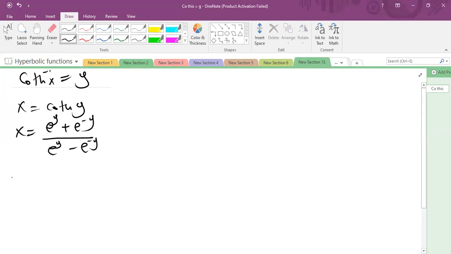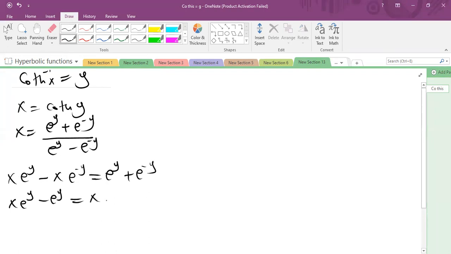Cross multiply and simplify. We have x e^y minus x e^(-y) is equal to e^y plus e^(-y). Okay, so I can bring like terms on the same side. So I have x e^y minus e^y is equal to x e^(-y) plus e^(-y). Factor out what's common. So I have e^y times x minus 1 is equal to, what's common here is e^(-y), so I have x plus 1.